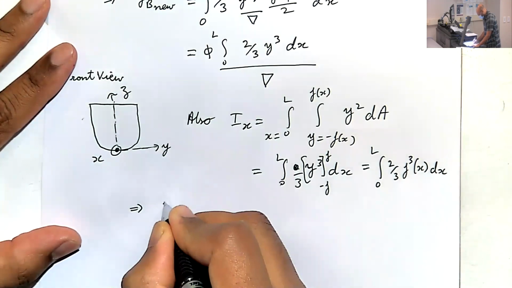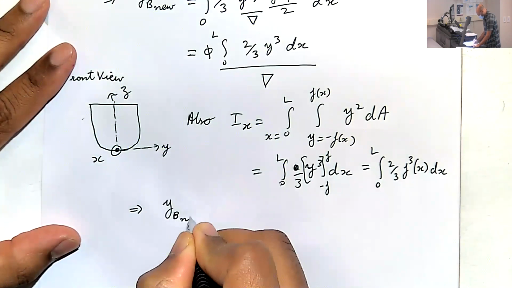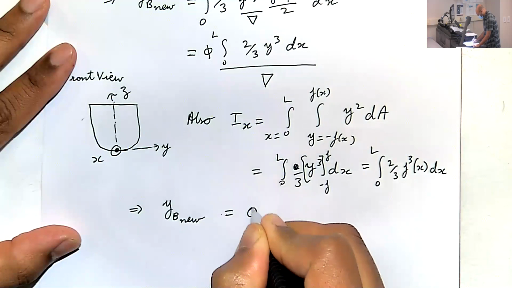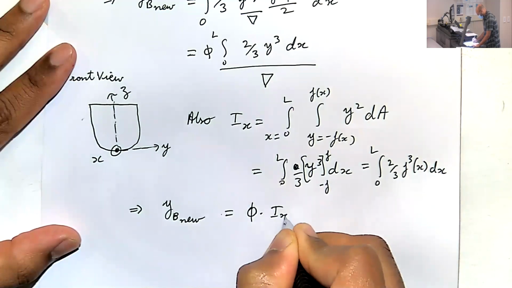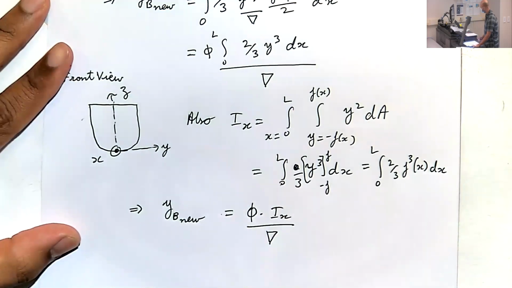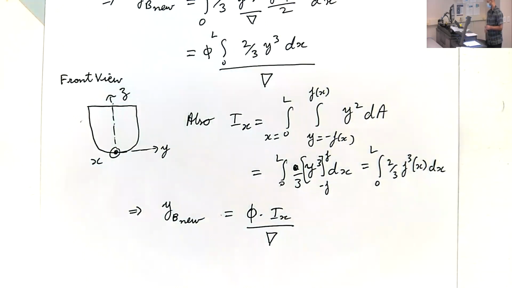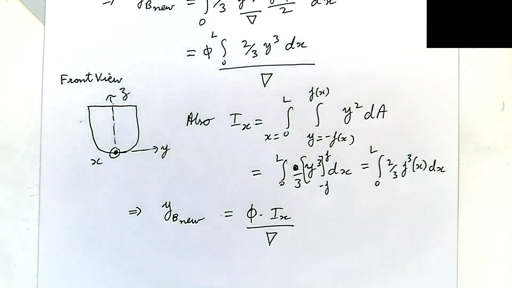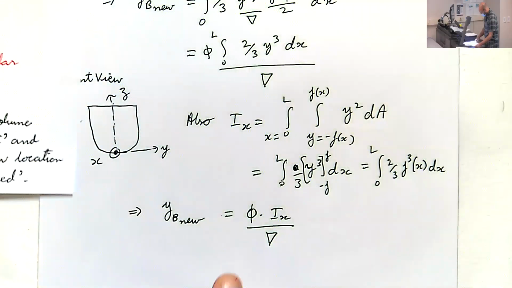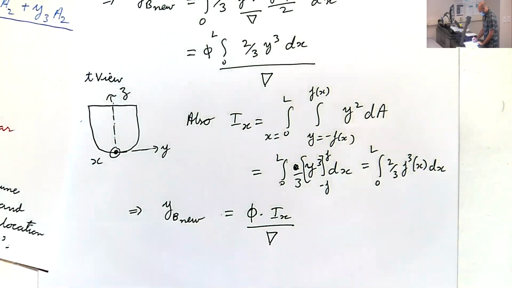So we get YB nu is phi times Ix over nabla. We're close to what we wanted.